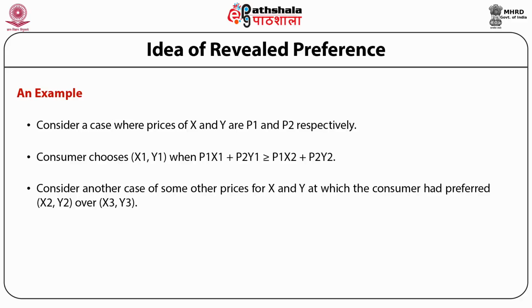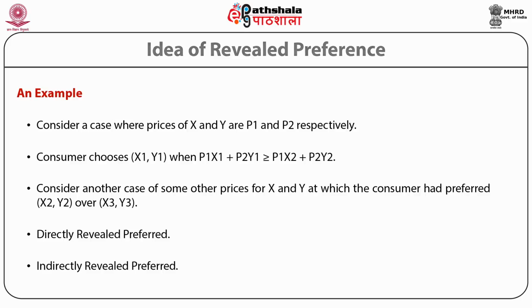Now, the concept of revealed preference includes both direct revealed preference and indirect revealed preference. Suppose there are two bundles X and Y. If X is either directly or indirectly revealed preferred to Y, we say that X is revealed preferred to Y.